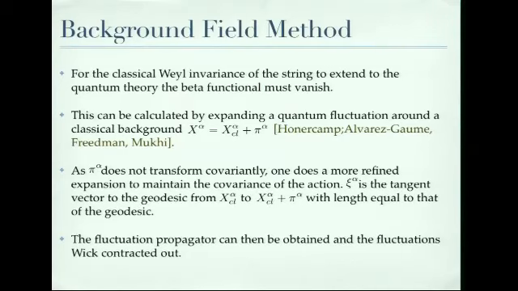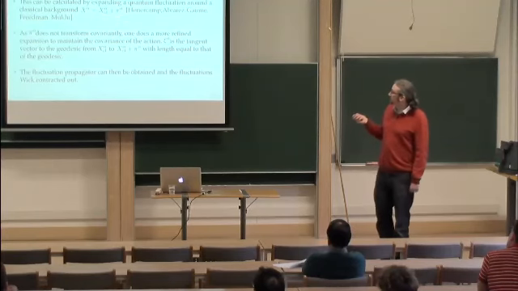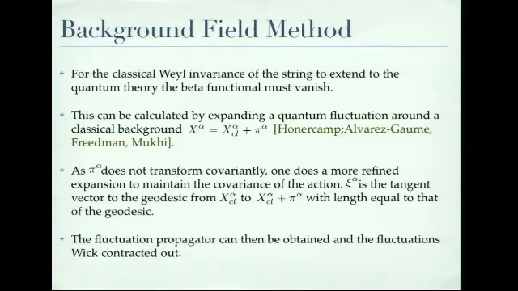So this classical background, x, obeys the classical equations of motion, and we have some fluctuation pi, and you could just plug that in and expand, but the point is this pi is not a proper vector, so we should rewrite in terms of this psi. So psi is taken as a tangent vector from x to x plus pi with length equal to the length of the geodesic.